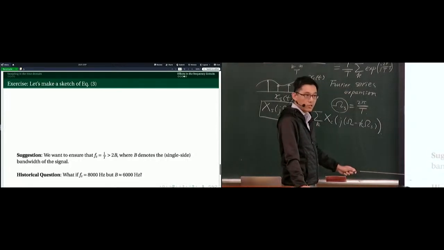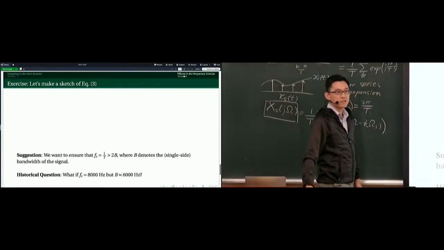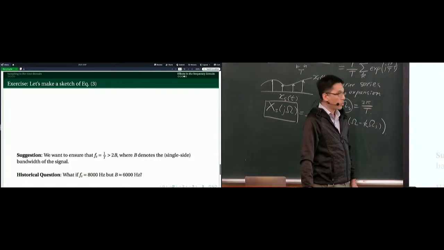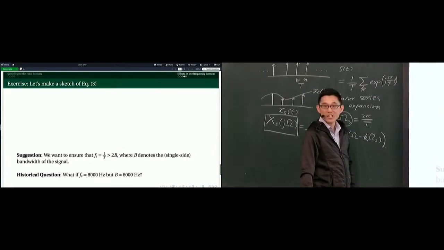I say it happened in history. But what if somehow you have a signal and its bandwidth is around 6,000 hertz? What should we do? Do we change the system? Do we change the signal? Because we really hate aliasing. So you need to compromise.